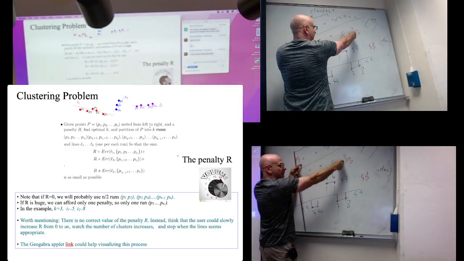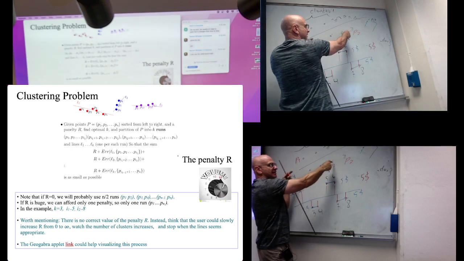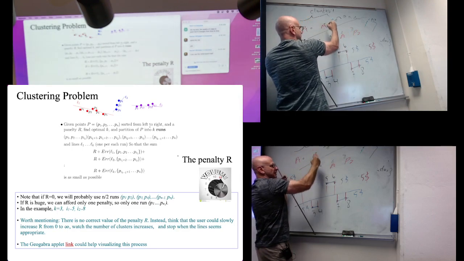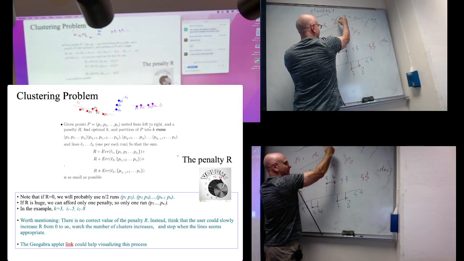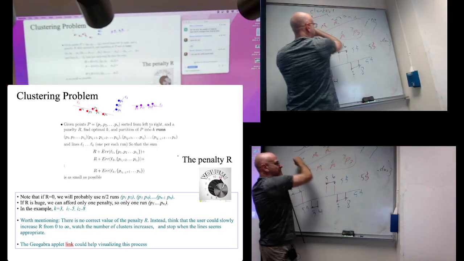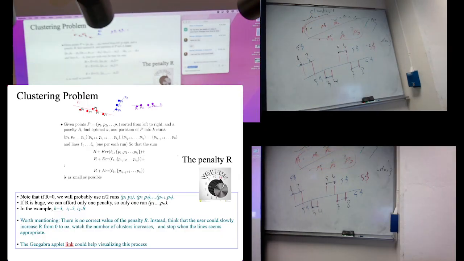If you're saying that P1 and P7 are in the same cluster, then P2, P3, P4, P6 must be in the same cluster. Once you told me where the cluster starts and ends, at which period, think about it as a period of time, the points in this period of time, this x value, must be in the same cluster. So it's just a question of where do I start a period, where do I end a period.